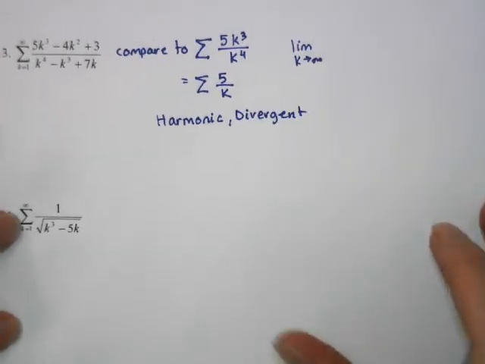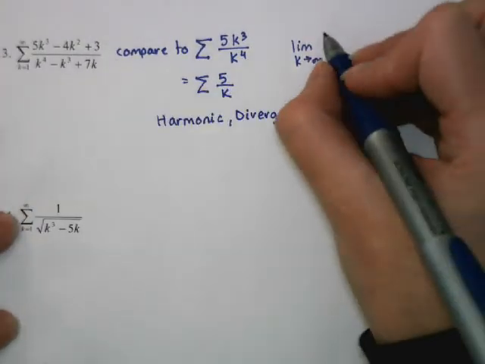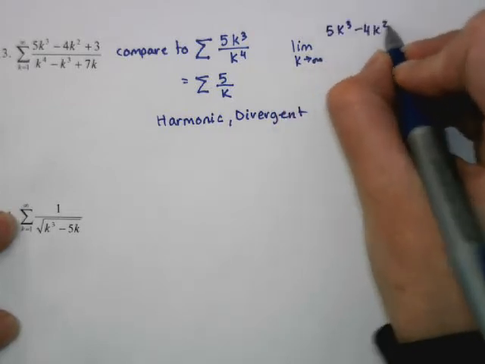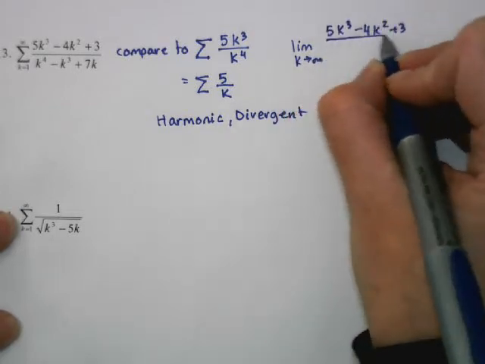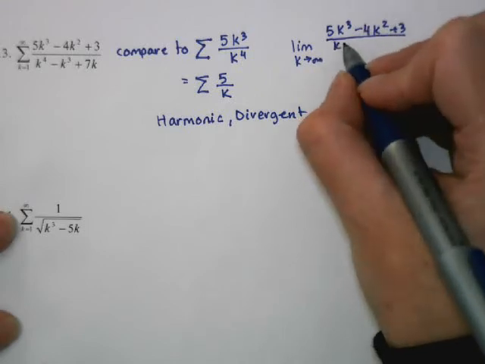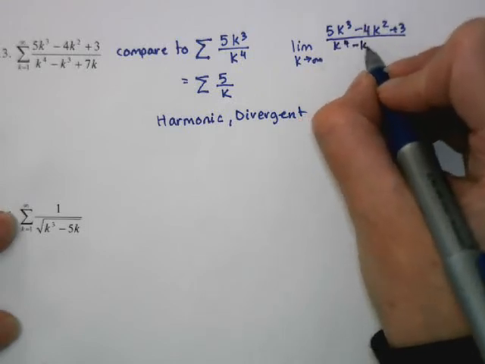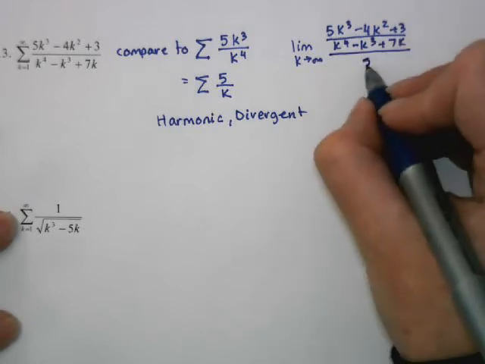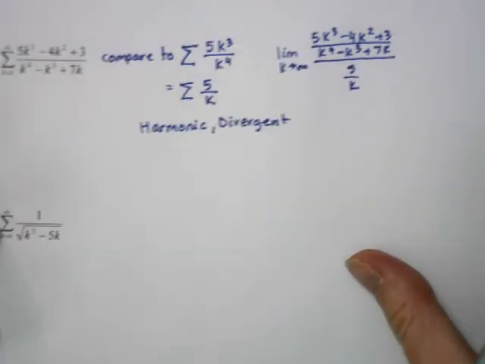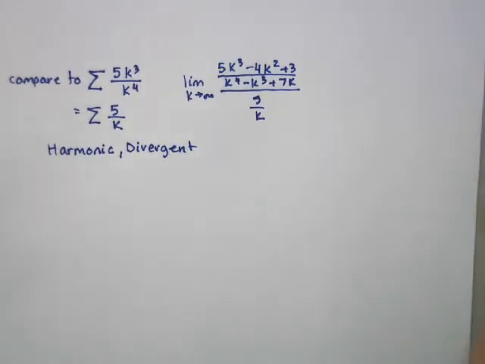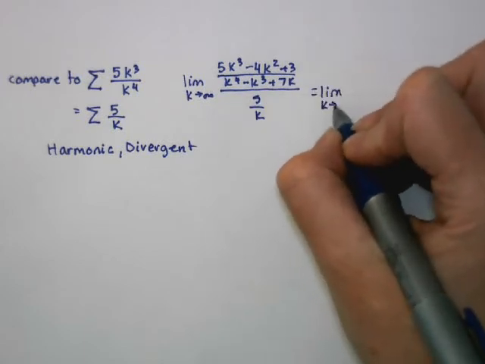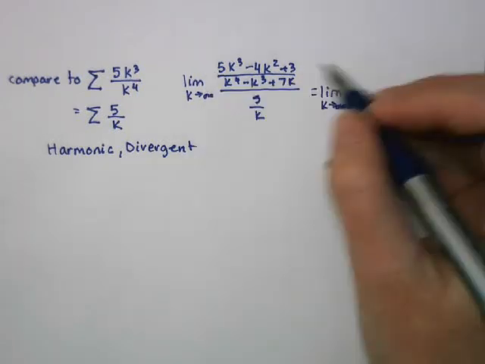So we're going to have the limit as k goes to infinity of that whole big mess all over 5 over k. Okay, well when we copy-flip, the top is all going to get multiplied by k.